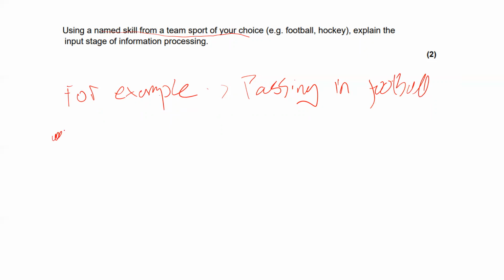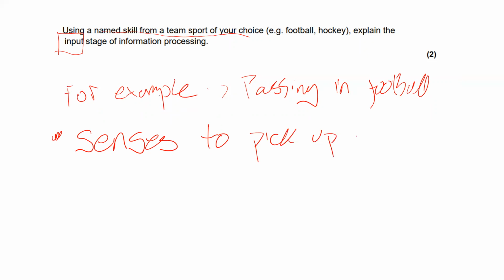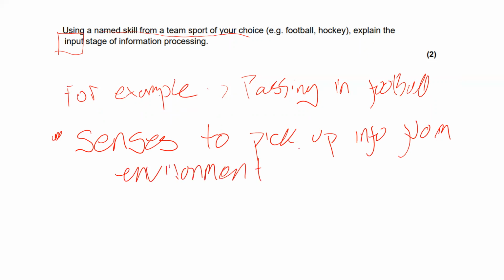The first part of this input stage is using your senses. Okay. And why do you use your senses? You use your senses to pick up information from either the environment, or a fancy word for this is the display.